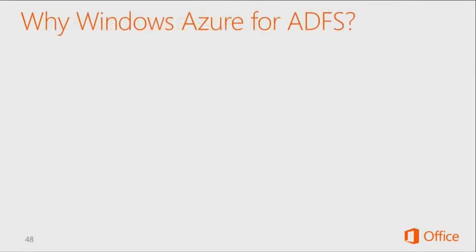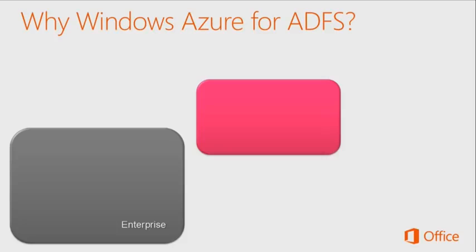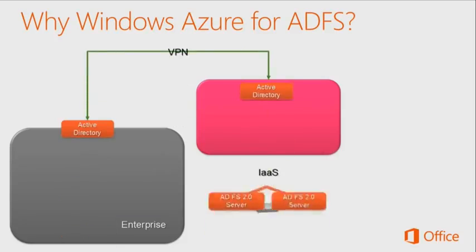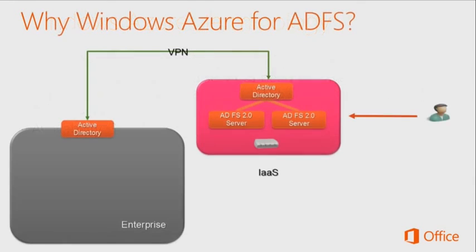Okay. Why would you want to use Windows Azure for ADFS? Well, we talked about it a second ago. First of all, enterprise high availability. Sorry about this, let me get back to the previous slide. I clicked one too many times. So we have our on-premise Active Directory.